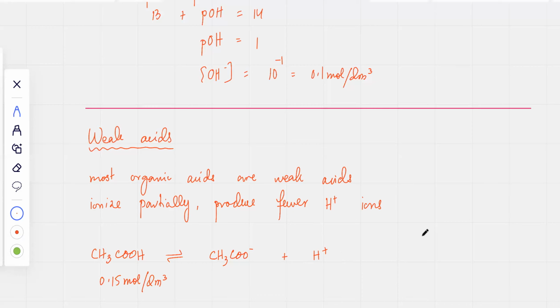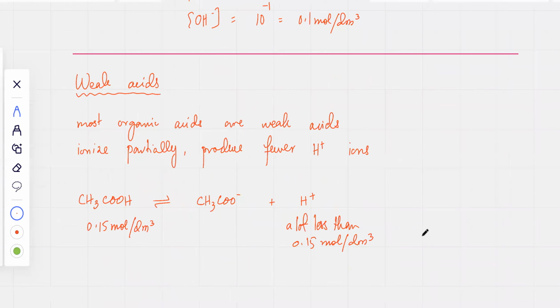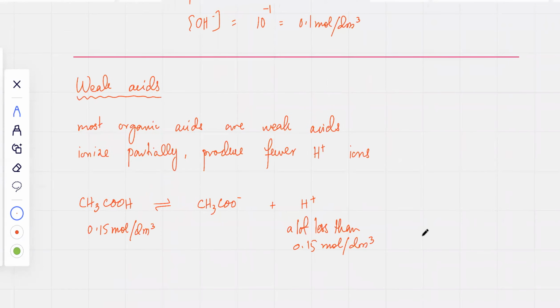That's going to be a lot less than 0.15 mole per dm cube. Because it's not going to ionize, it's not going to produce H plus ions. Okay, is this clear? Yes. So that wouldn't be really ionizing a lot.